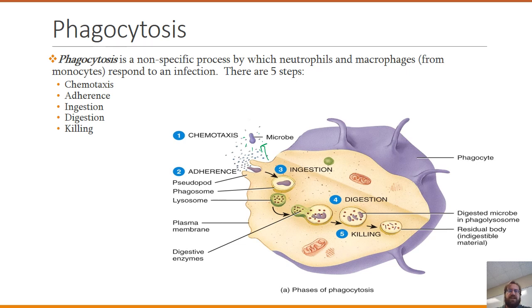Adherence: the neutrophil sticks to the bacteria. Ingestion: the bacteria is pulled into one of those phagosomes that we talked about on the previous page. Digestion: the phagosome is mixed with enzymes from a lysosome that start to digest the bacteria, and ultimately that leads to killing of the bacteria.